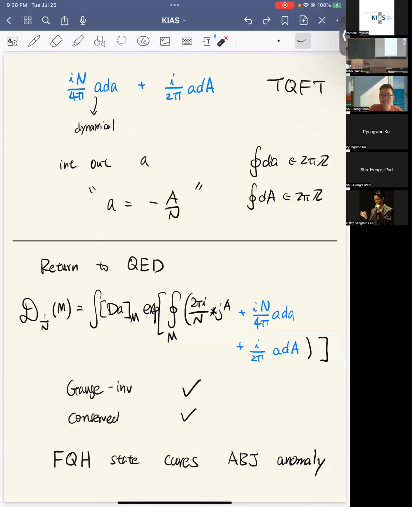Any other questions? Sorry, one more. Yes, please. If there is no magnetic field, if dA equals 0, do you have 1 on the right-hand side? If there's no magnetic field, sorry, can you say that again?